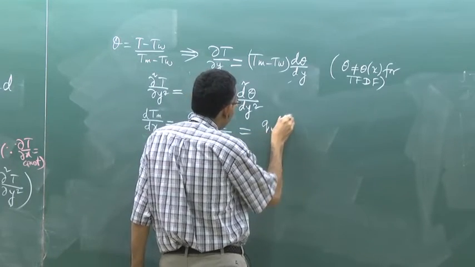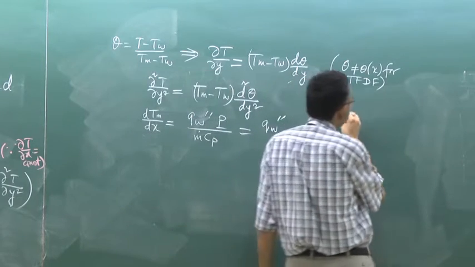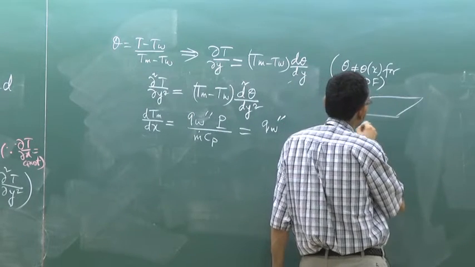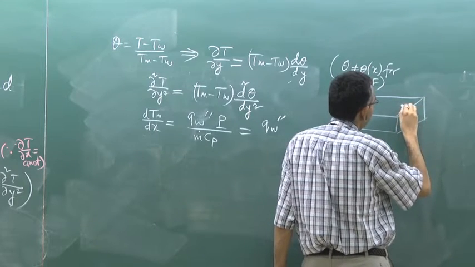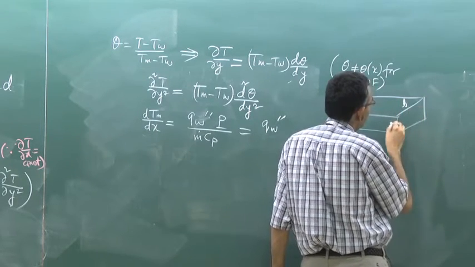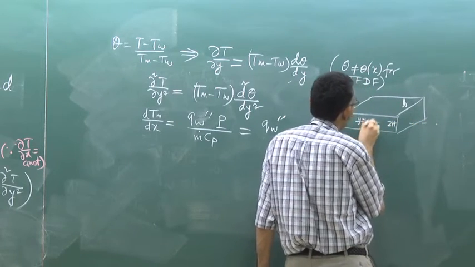So Q double dash, in place of P what is it? Let us draw a parallel plate channel. Let us say that the width is B and height is 2h with the center line at y equal to 0.